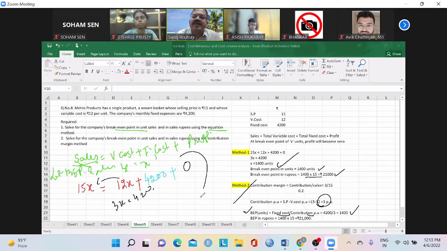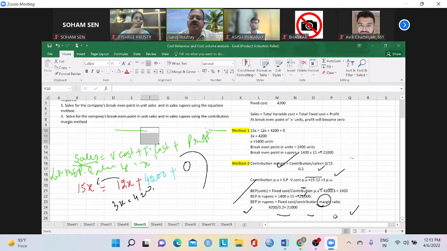The other way is contribution margin ratio. Contribution margin ratio is contribution divided by sales. So contribution 3 divided by sales 15 is 0.2. And using this contribution margin ratio, also you can find out the value of sales where you will have break-even point. So fixed cost divided by contribution margin ratio is coming 21,000.